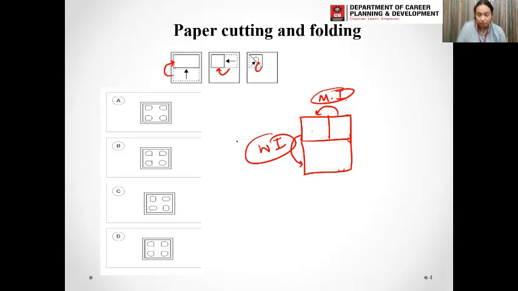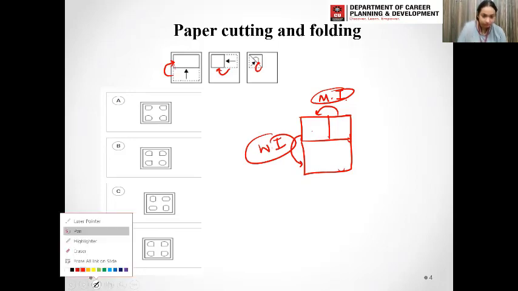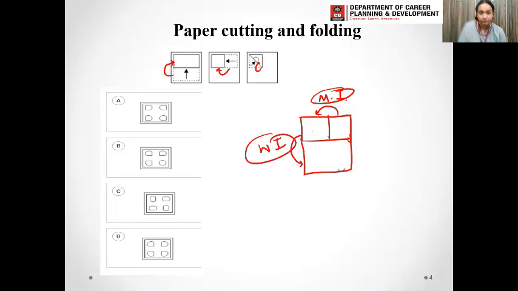So if I unfold the paper at this point, my paper will look something of this sort. This was the point for which the paper was unfolded.